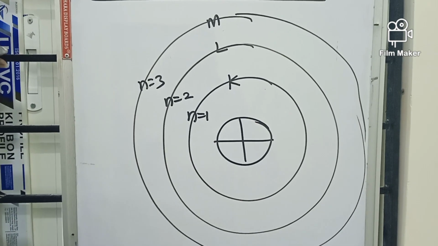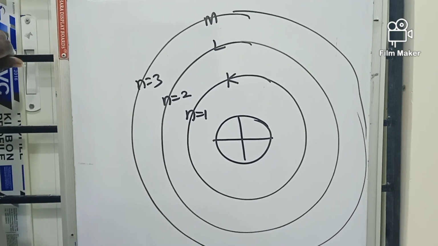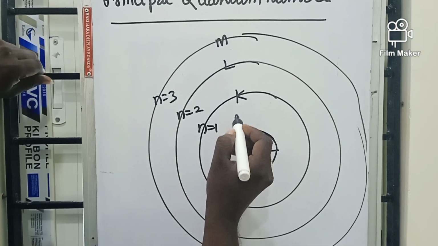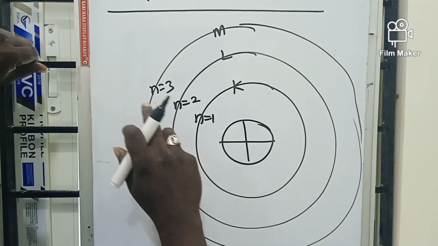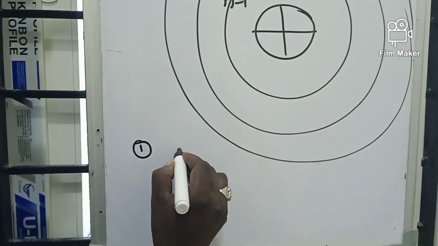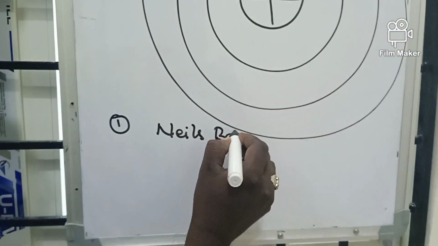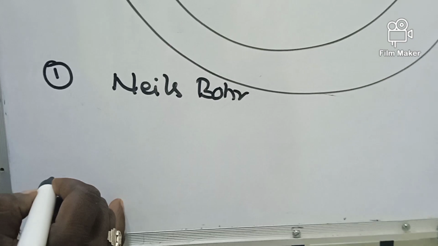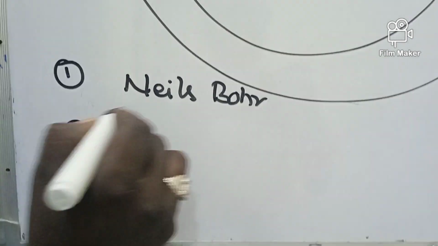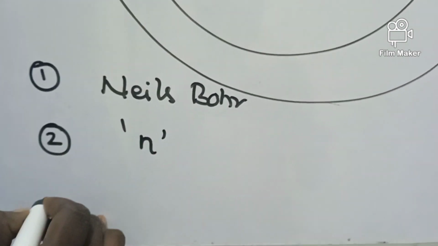Now let us discuss how the principal quantum number can be useful in finding the energy and position of the electron. First, the principal quantum number was proposed by the scientist Niels Bohr. It is represented by the letter small n.